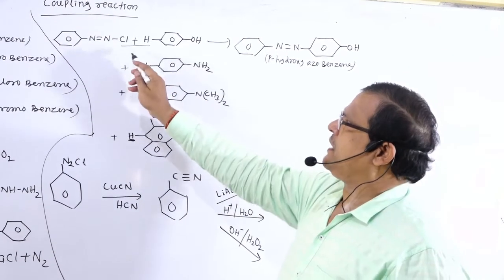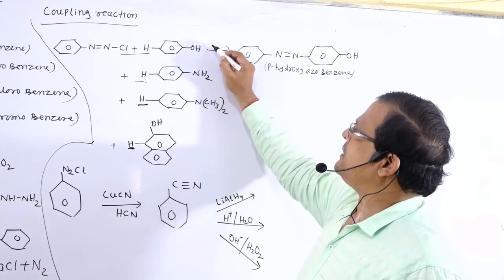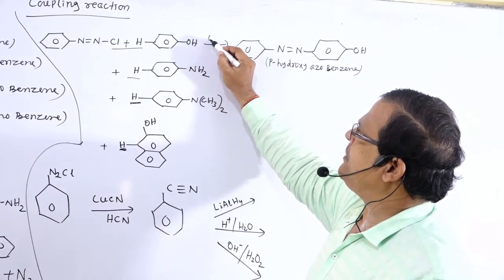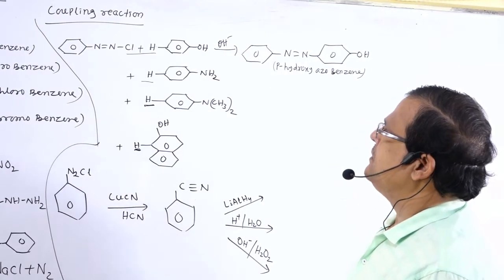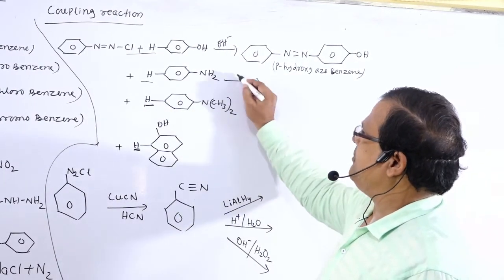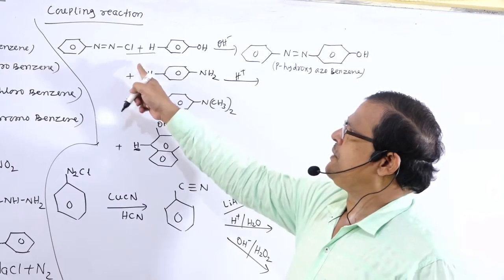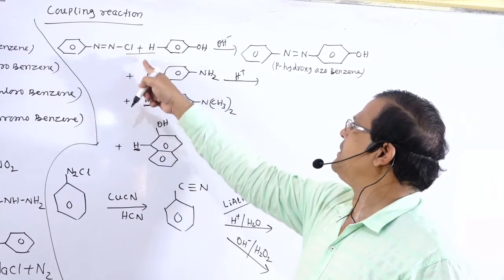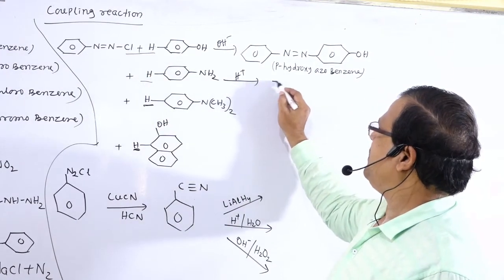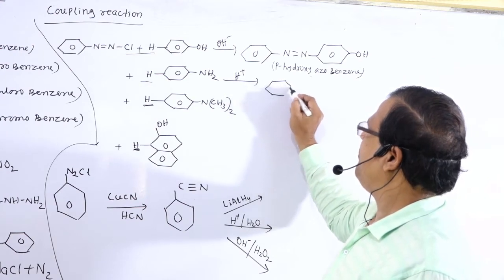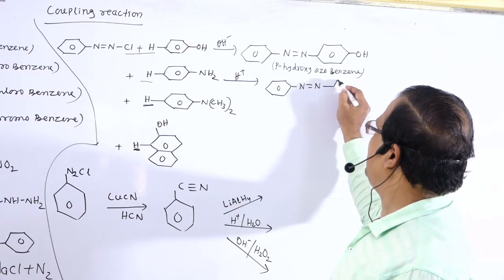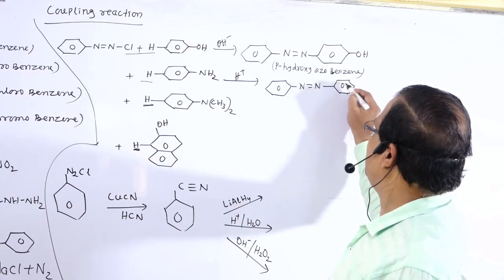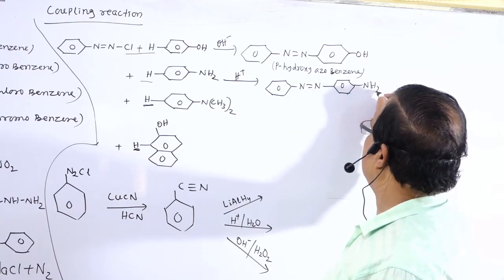BDC treated with aniline. The phenol reaction takes place in presence of alkali, OH minus, and this reaction takes place in presence of acid. So the H part and Cl part combine to form HCl. There is the formation of N double bond N, benzene with NH2.